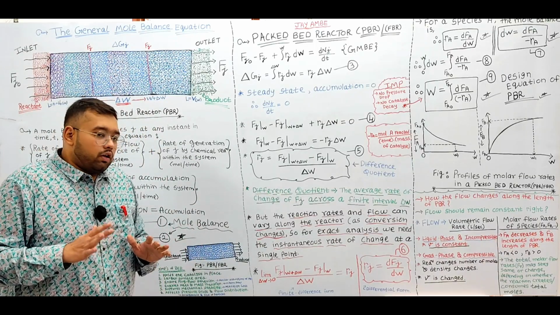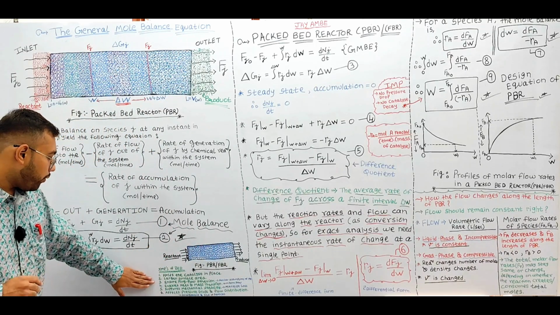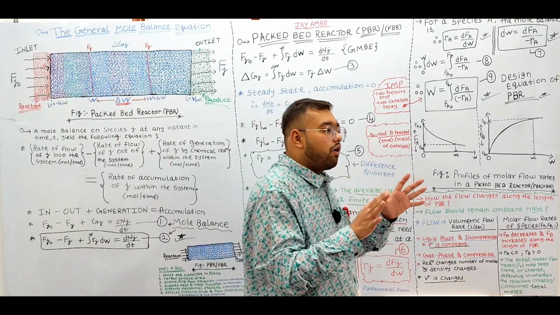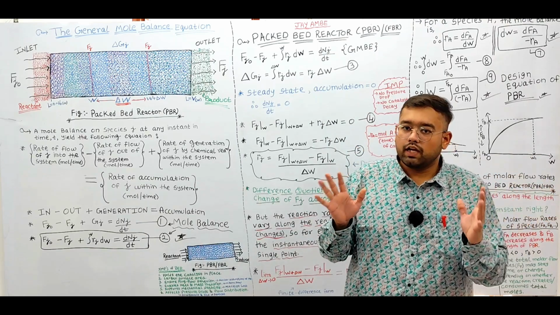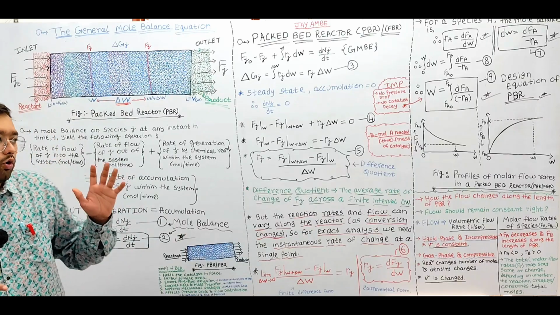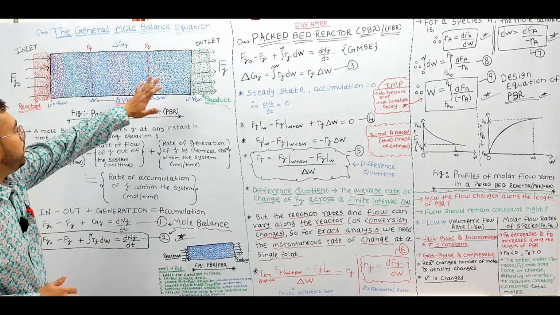Okay, the fourth point is we need to ensure the uniform distribution of heat and mass transfer through the entire volume and length of the packed bed reactor, right?